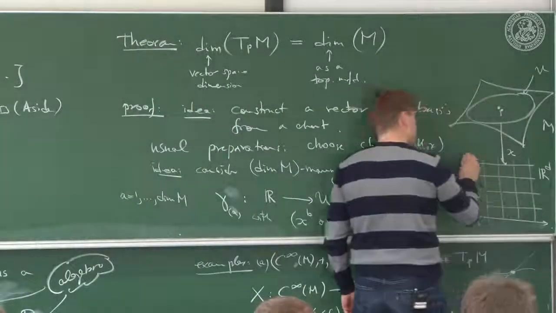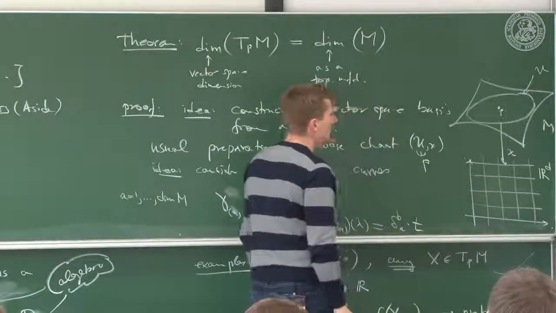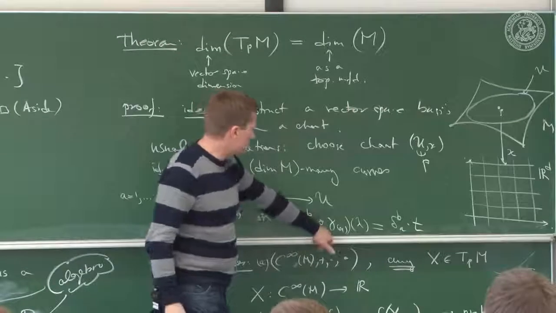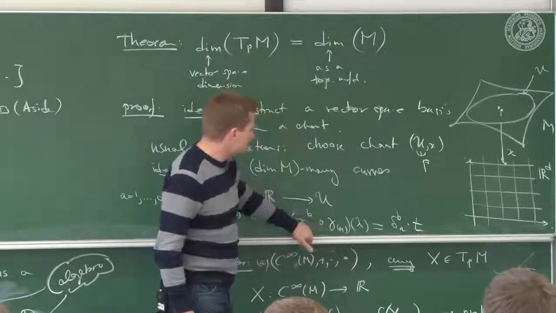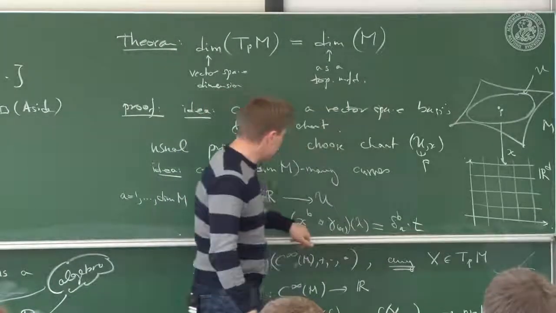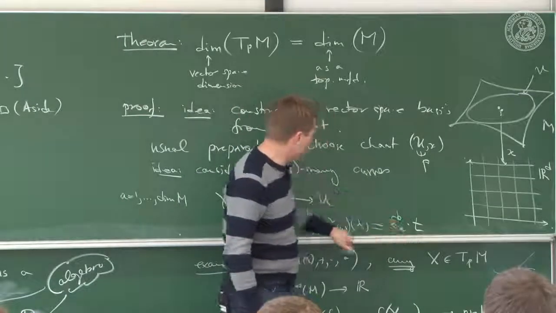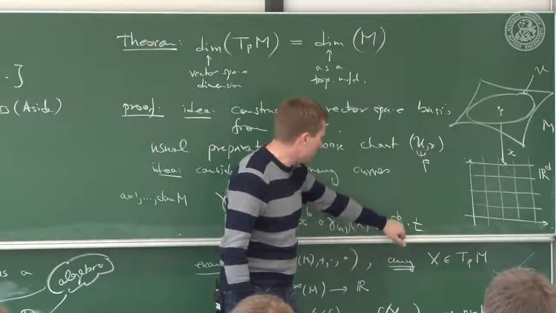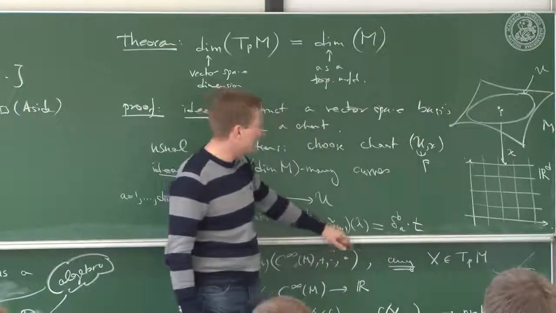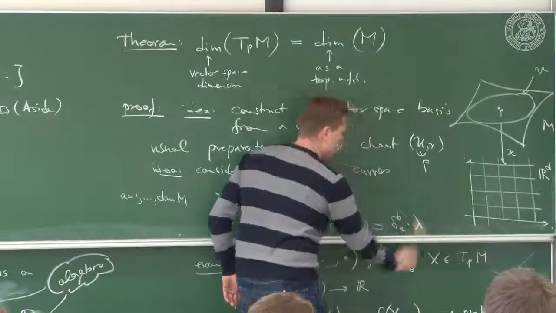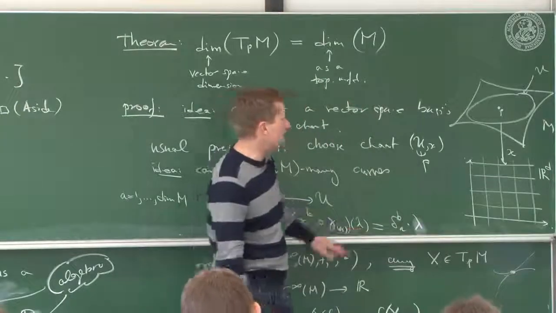I put here the first one, there the second one, and so on. And now, what is this? It means that the chart image x^B after gamma, the Ath curve, has all components in the chart 0, but the Ath component, and that runs linearly, oh, I'm sorry, not t, linearly with the curve parameter lambda.